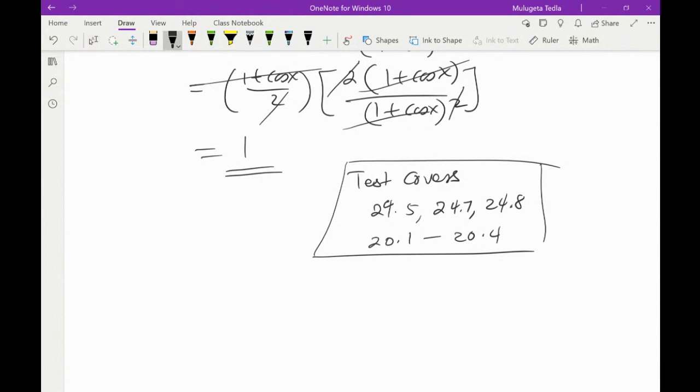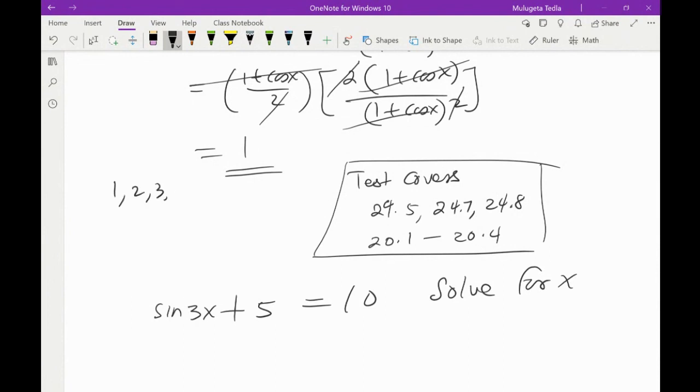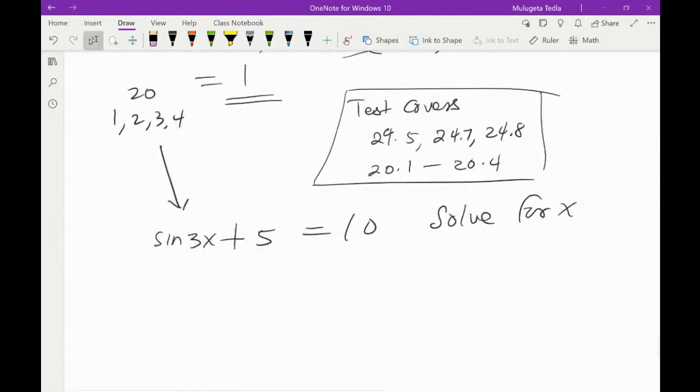What section 5 has is, say, what is sine 3x plus 5 equal to 10? Solve for x, right? It's very important. We need sections 1, 2, 3, 4 of chapter 20 to do this, really. The bottom line is, for a math student, you've got to solve. Normally, what will you do?